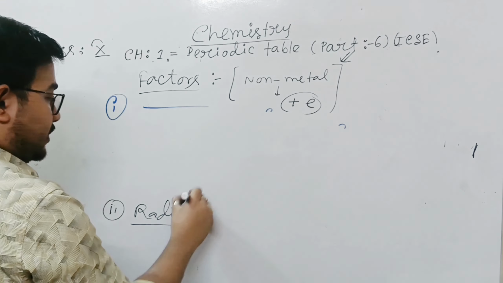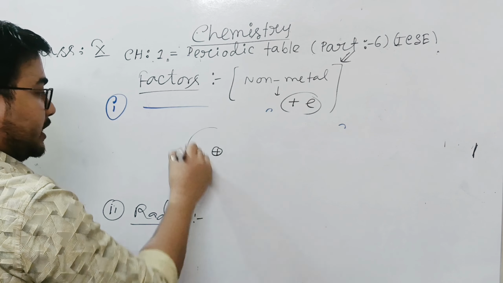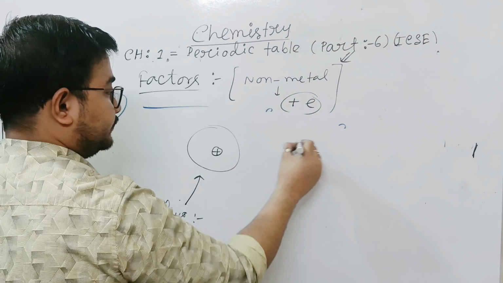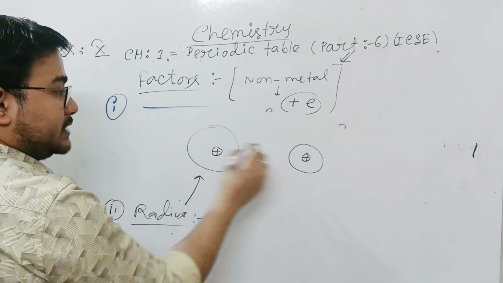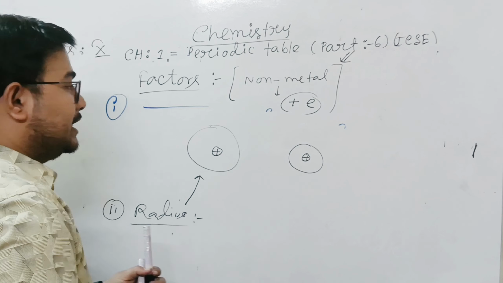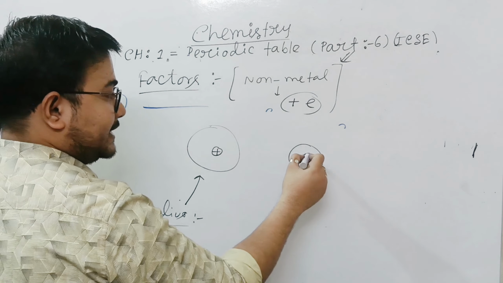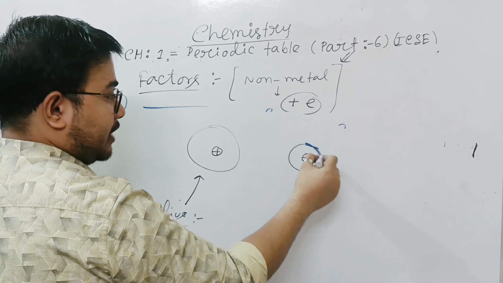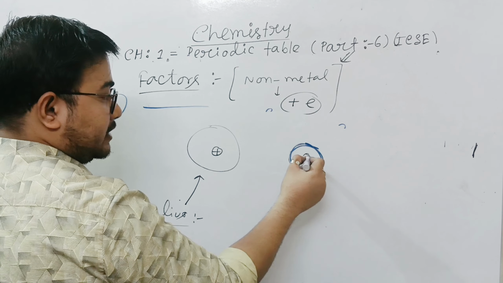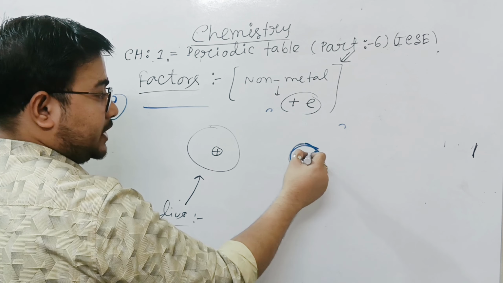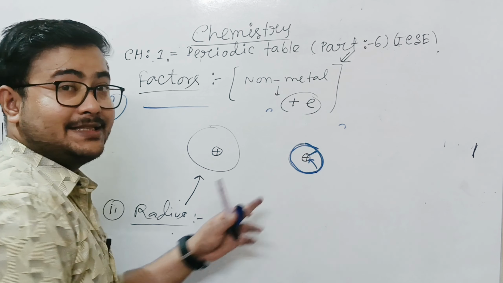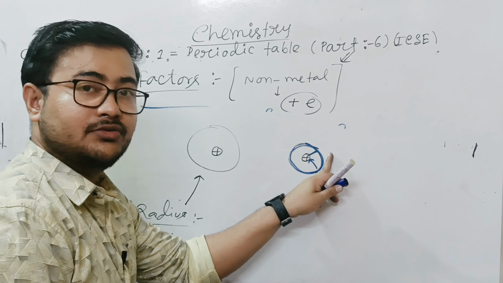So I discuss it here. Suppose this atom has more radius, and this one has less radius. Since it has less radius, in the outermost shell the attraction force by the nucleus is more, because the distance is less, so the nucleus can attract with more force.